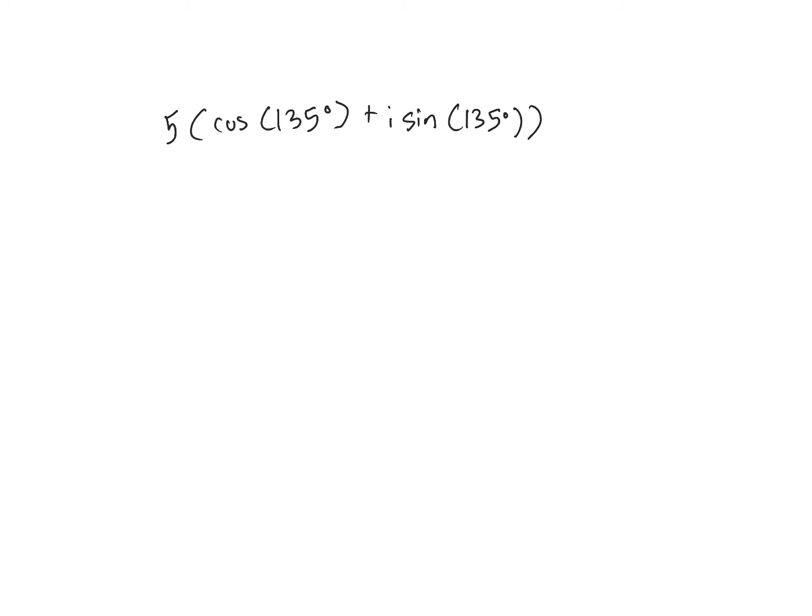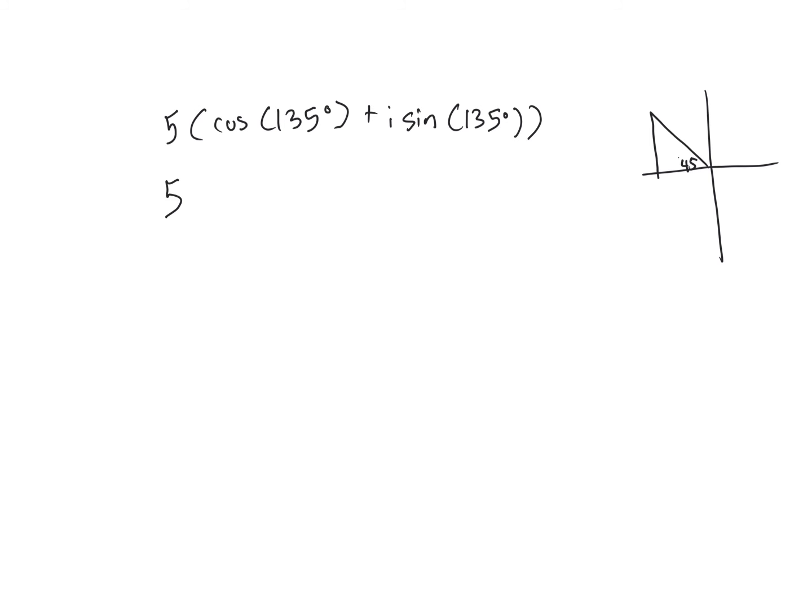So first things first, we want to find the standard form. First, we want to know what the cosine of 135 degrees is. Well, if I draw here, 135 is over here, and the reference angle to 135 degrees is 45 degrees. And so we got a 45, 45, 90. So that is pretty simple.